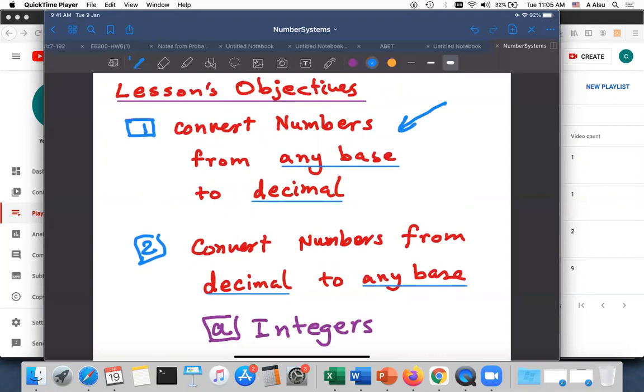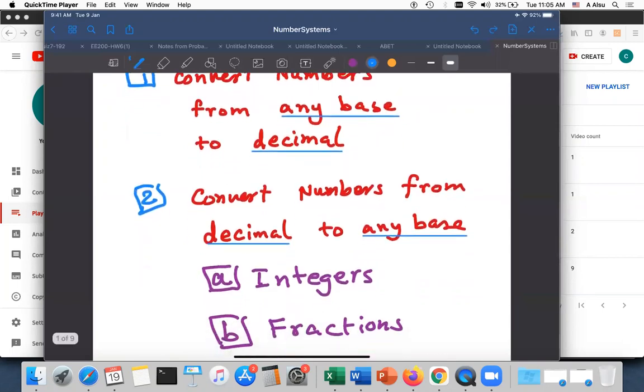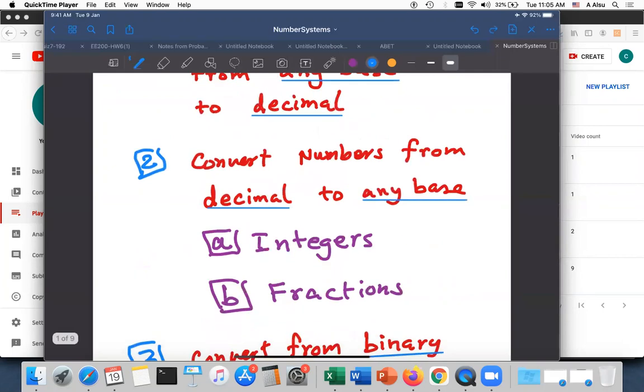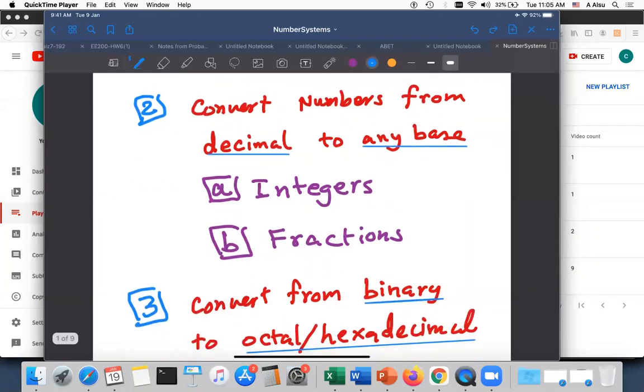The second objective is from decimal to any base. And we distinguish between 2 cases here: from integer decimal to any base, and from fractional decimal to any base, because the algorithm is different in each case.